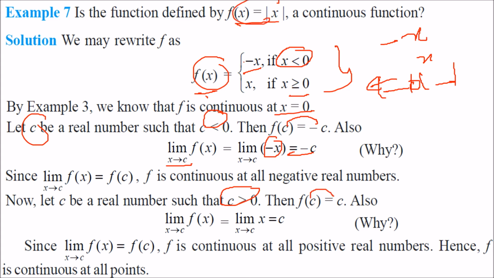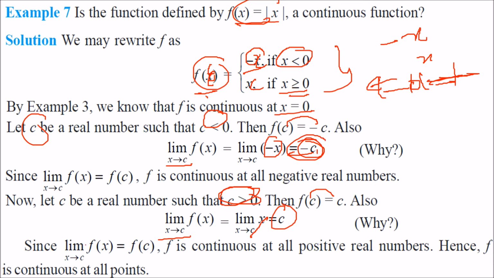If you apply c here, it will be minus c. If you apply c here, it will be plus c in the case of x greater than or equal to 0. So we have taken the value greater than 0. So f(c) will be c, not minus c, because we are talking about this part of the number line. So x tends to c. If you place c, it will be c, unlike the case here.